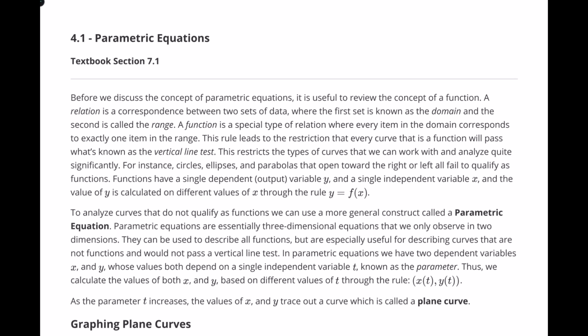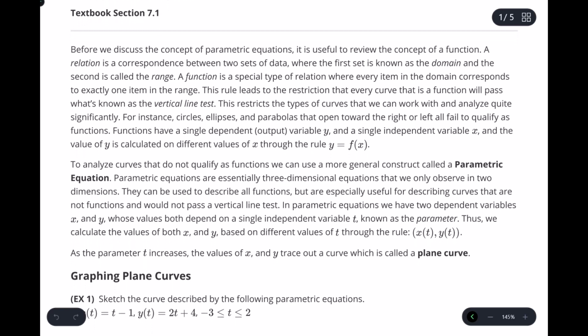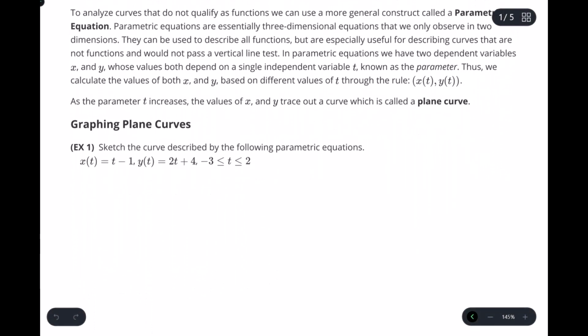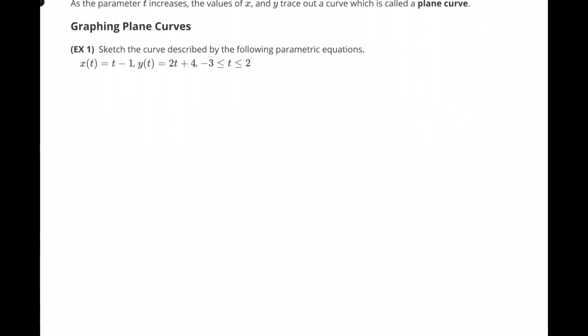But they are functions. And we can calculate our x and y values based off of input parameters for the value of t. If we graph points based off of a set of parametric equations, we create what's known as a plane curve. So let's take a look at generating a plane curve to help remind you exactly what this process is and what it looks like.